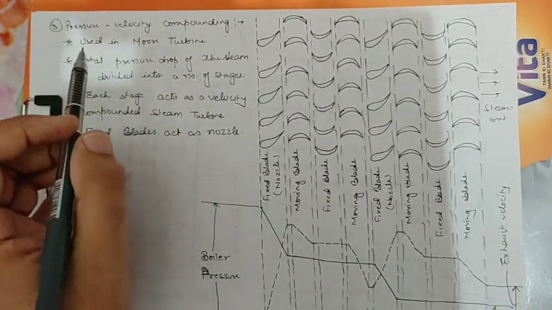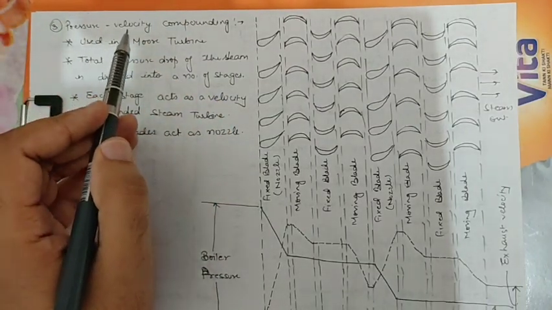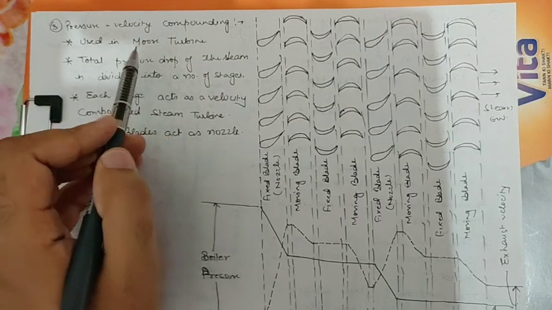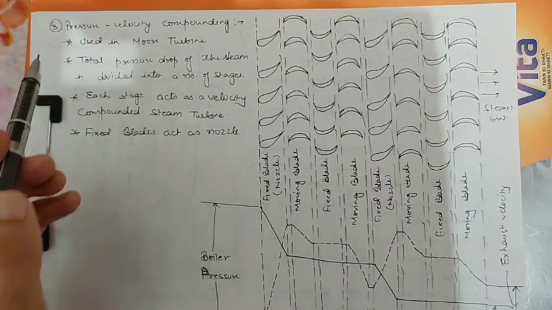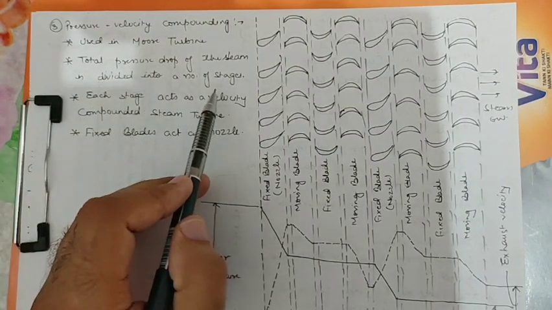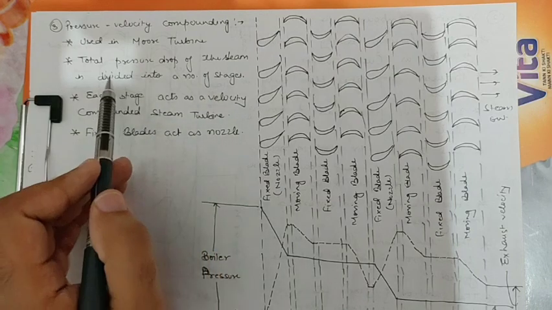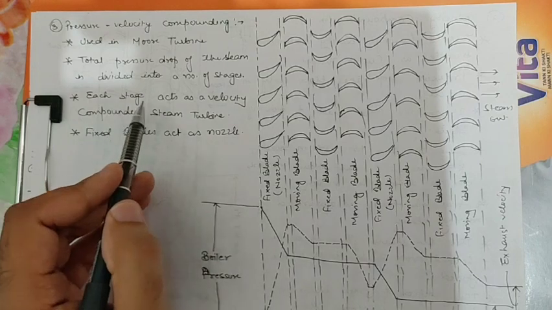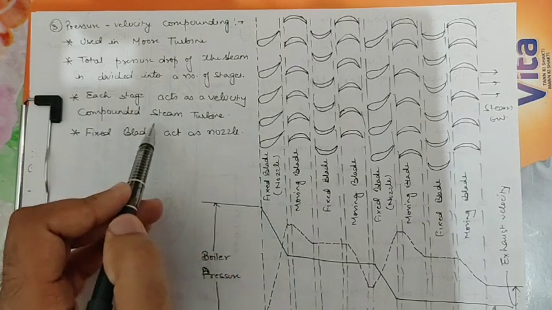The turbine in which we use pressure velocity compounding is called the Moret turbine. The total pressure drop of the steam is divided into a number of stages. Each stage acts as velocity compounded.